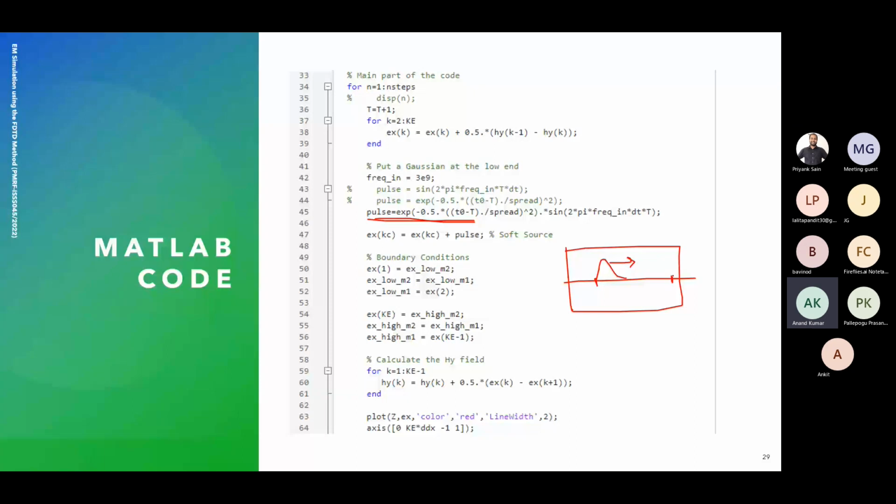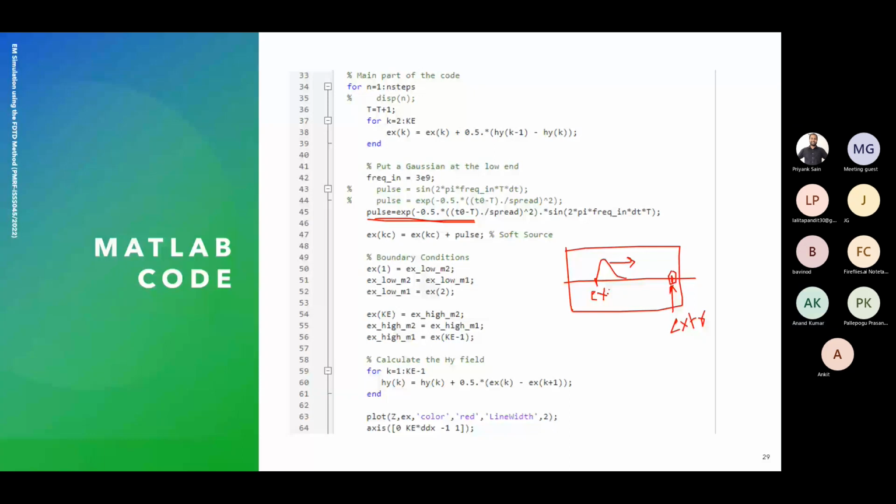When this pulse propagates and comes over here, we record it here. For recording it, I'm using the other variable extr, and for over here, I'm using exsrc.